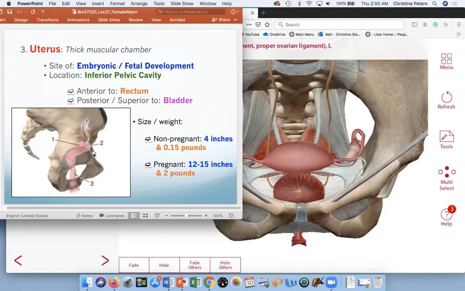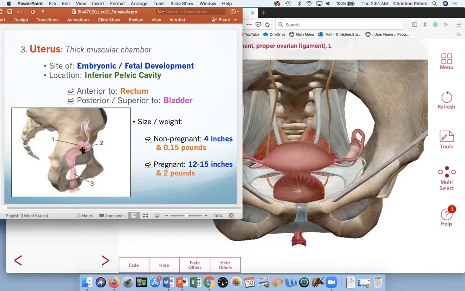But if it's pregnant, you're going to see that the smooth muscle can actually increase, and we actually get a really thick inside lining. And so a pregnant uterus can weigh up to 2 pounds. So size-wise, 4 inches usually is the length of a non-pregnant uterus, and then can be almost a foot or more if it's pregnant. It's going to be housing a baby.